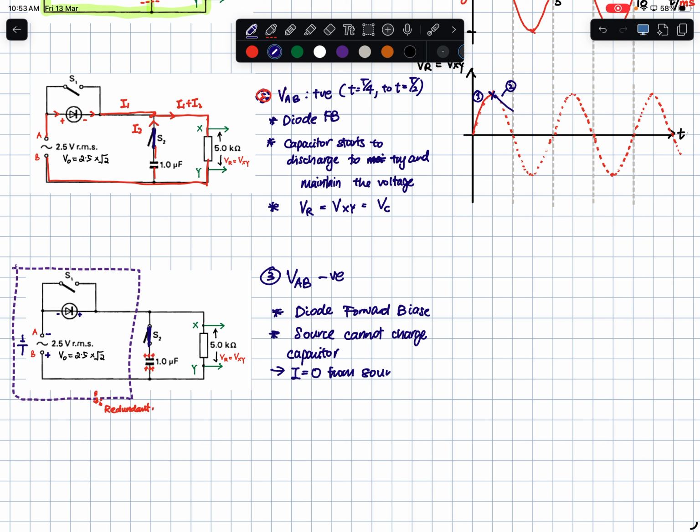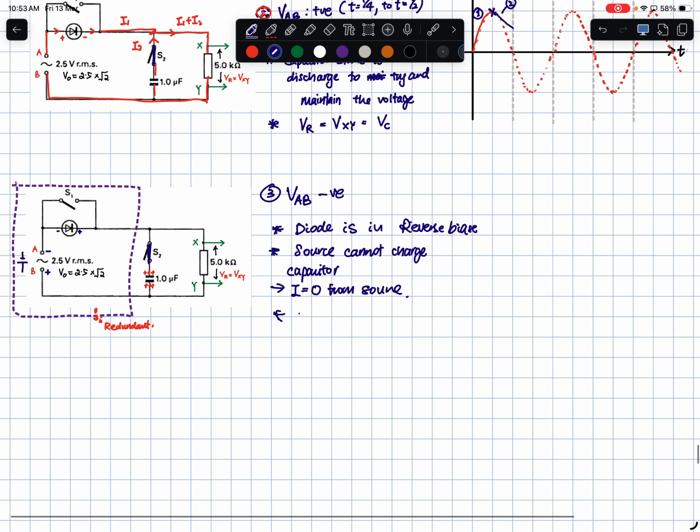Diode is in the forward bias, sorry, it's in reverse bias. Thank you. And so what the capacitor has to do? The capacitor continues to discharge.